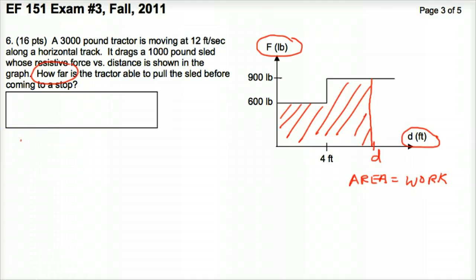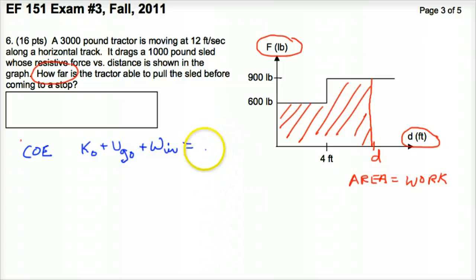So conservation of energy. Okay, I won't include springs, but I'll go ahead and write everything else out. K0. We've got a horizontal track, so that's going to be 0.